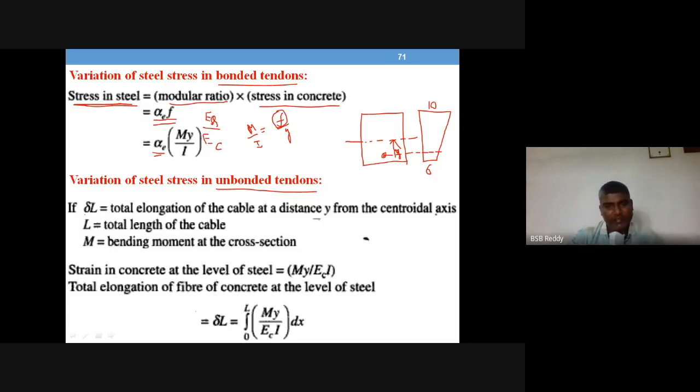In that case, finding this composite action is only possible when there is a bond or gripping action between the two materials. If that is not there, it shall be treated in another way.